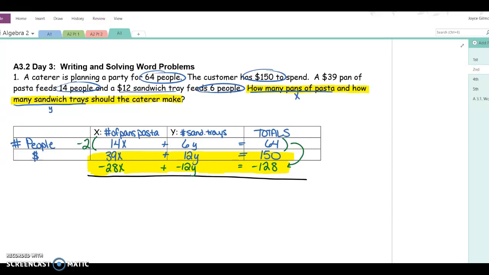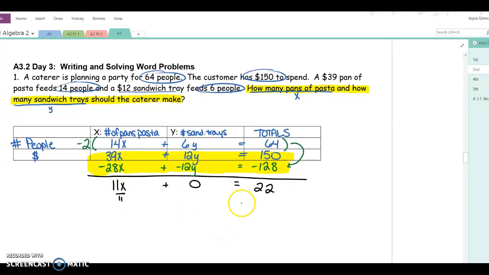$39x plus -28x is 11x. 12y and -12y is 0. And 150 plus a -128 is 22.